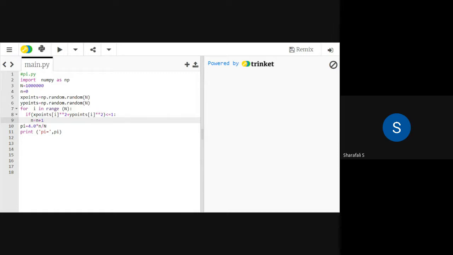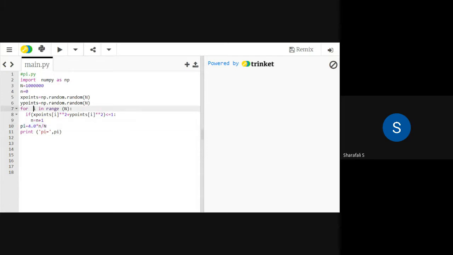In this way, it will calculate how many points come within that quarter of the circle region. The total number we already know. If you take the fraction of those two numbers, small n with capital N, divide them and multiply by 4, that will give you the pi value.